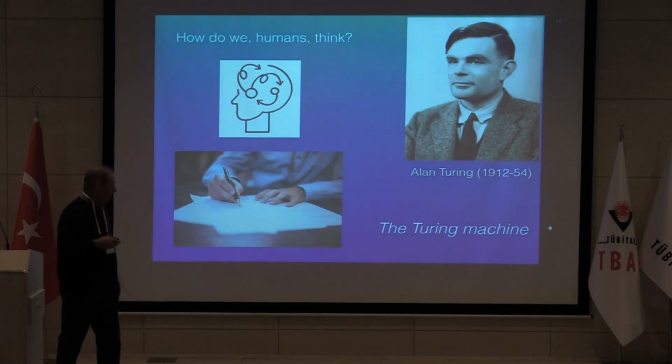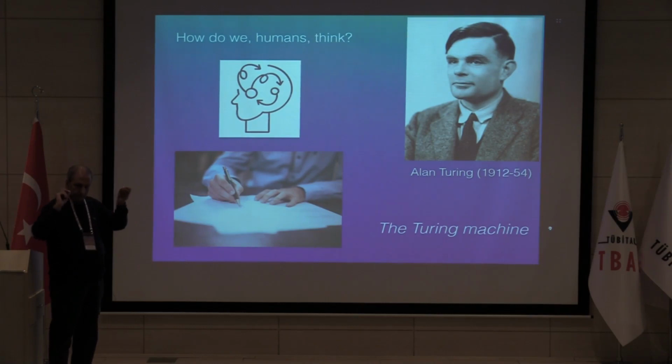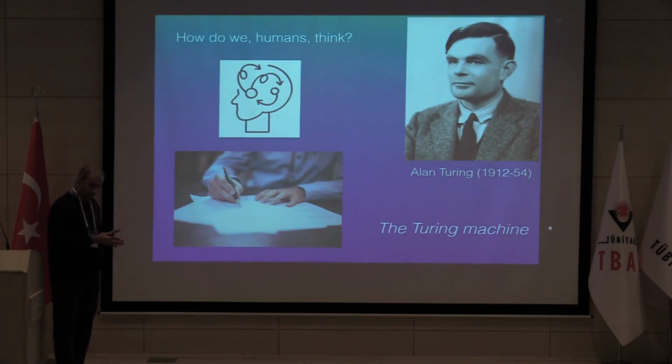Turing's argument? He asks how do we humans think? We have a mind, and our mind has a number of states. We have the states of mind, and we have an infinite amount of papers. We write on the papers, we read from the papers, and then according to what we read, the state of our mind changes, and depending on what we read and what our state of mind is, we write on the paper.